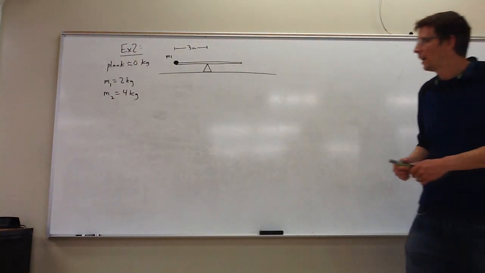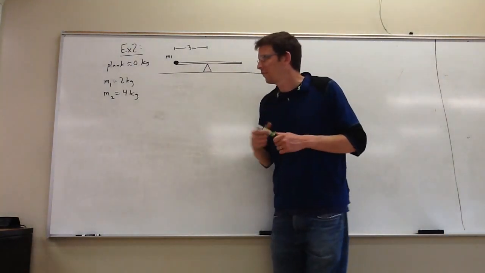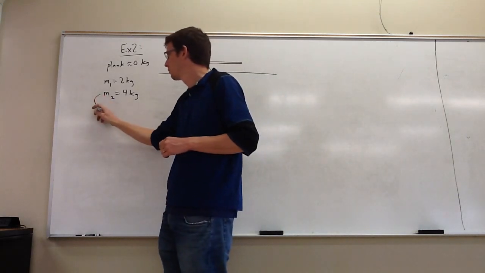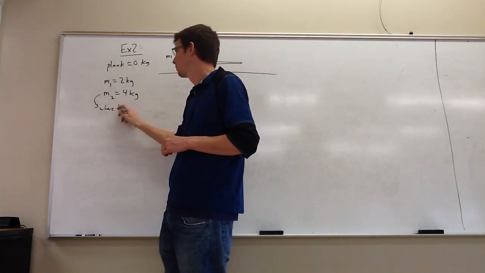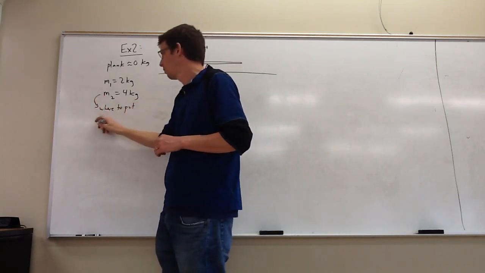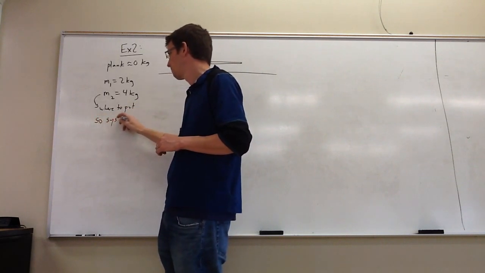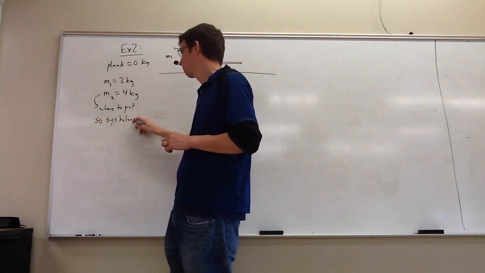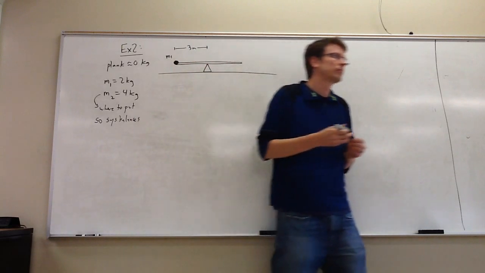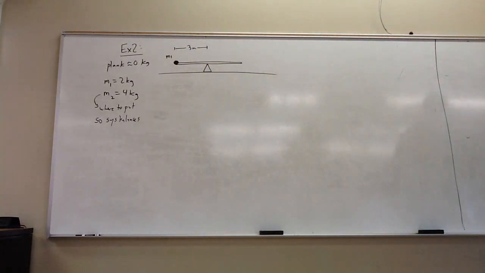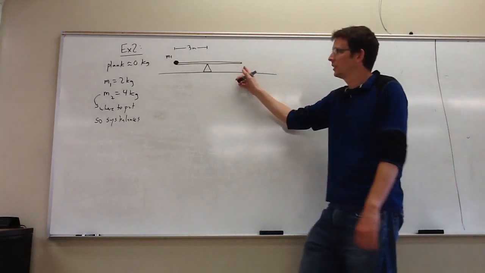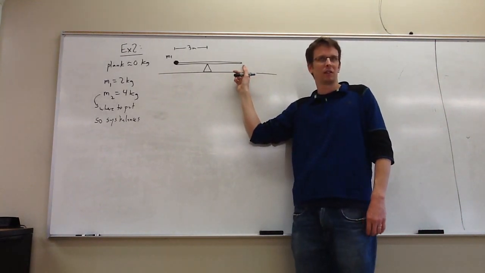So what I want to ask is basically, where do I have to put this person so the system balances? Now, if you've ever seesawed with a little kid, you already kind of conceptually know the answer. Do you need to sit on the end here? No.